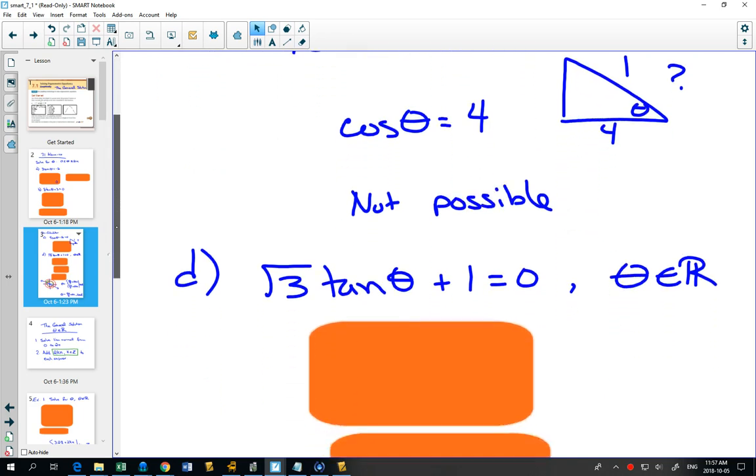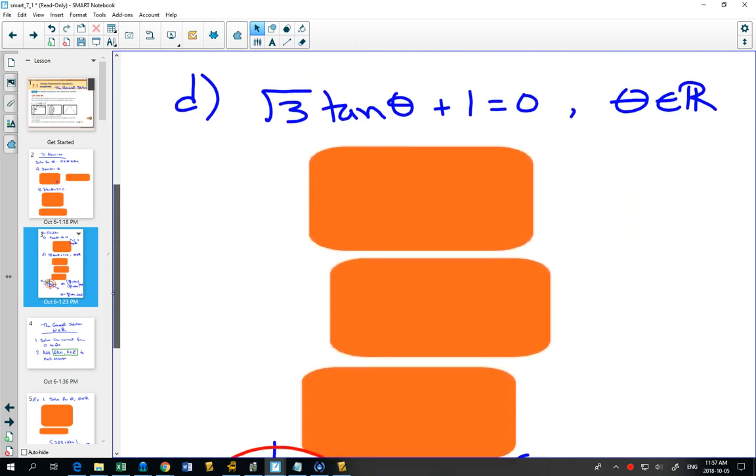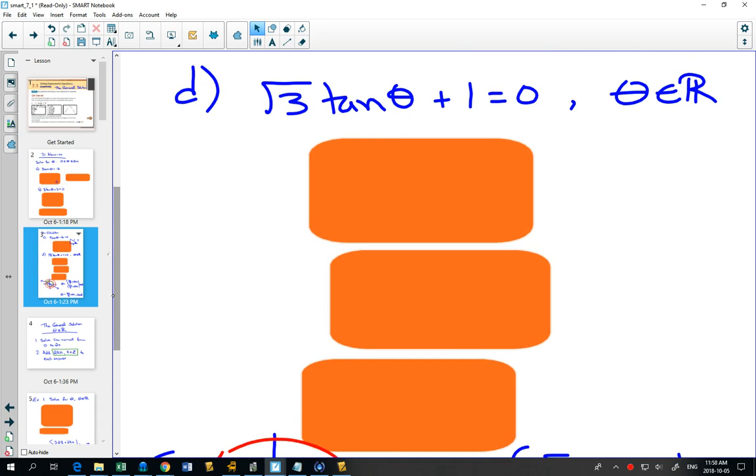Okay, and in the last one, I'm introducing to you what 7.1 is about. You usually solve between 0 and 2 pi, or -2 pi and 2 pi.